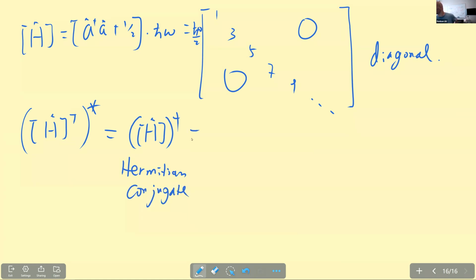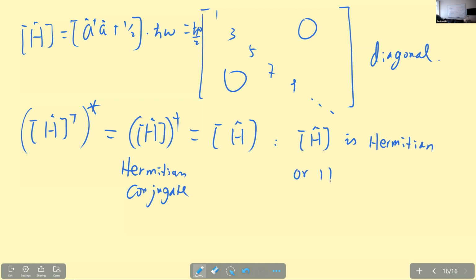So this equals itself. That means this matrix is so-called Hermitian, or we say that this H is Hermitian. You can check.